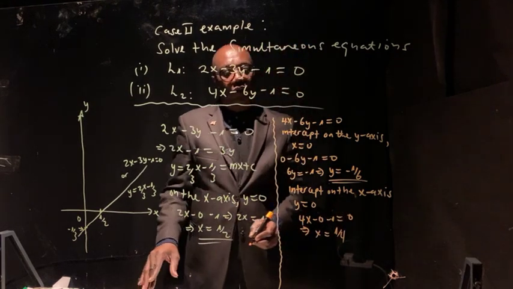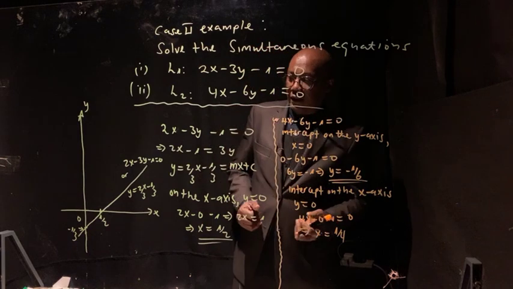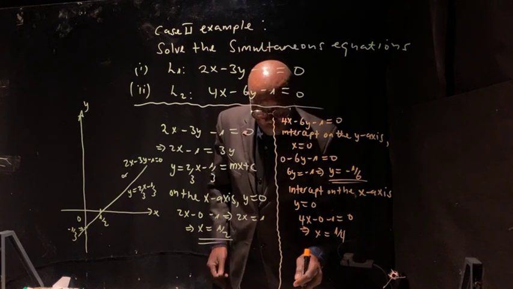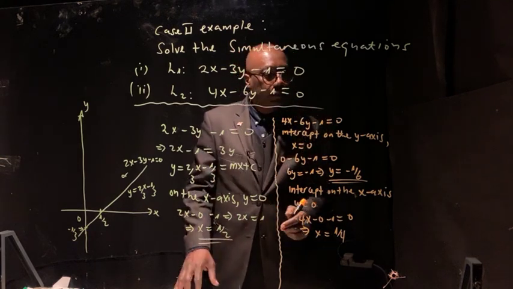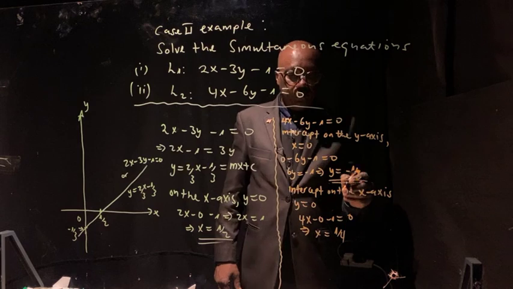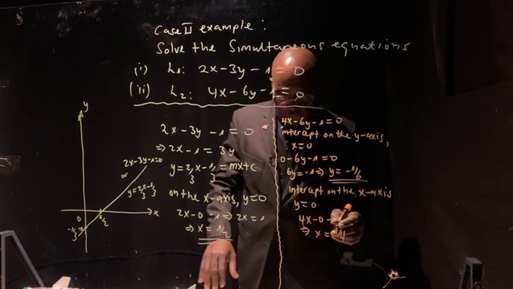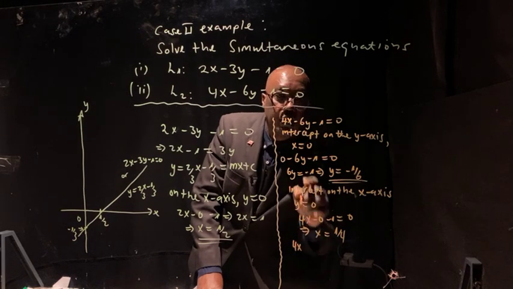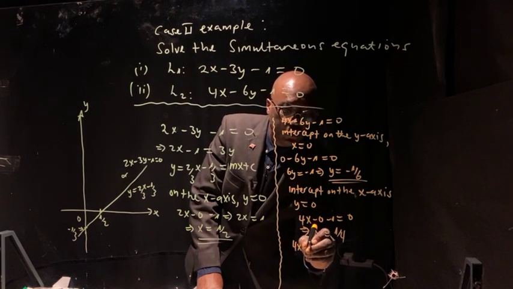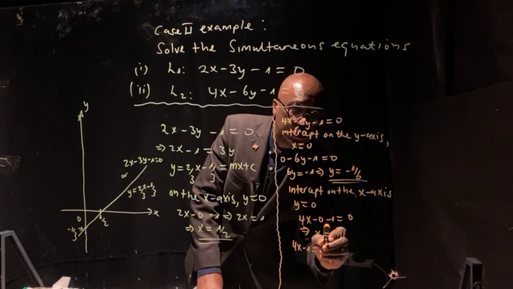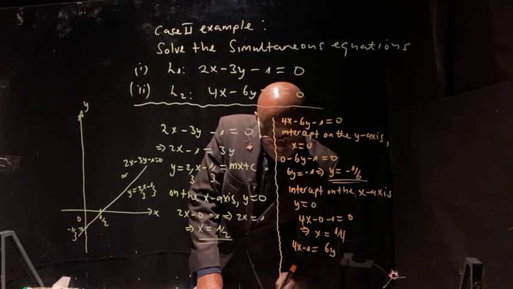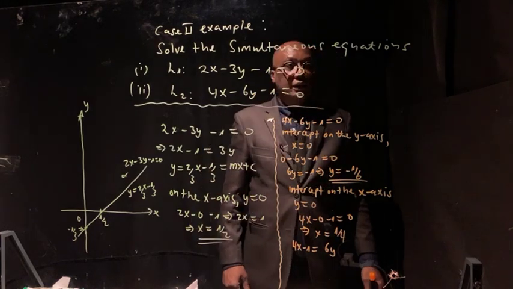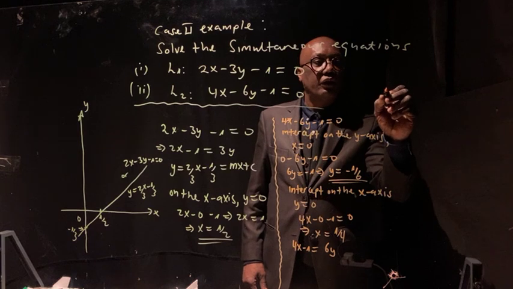Now, what about the gradient? This is not a big deal at all. Is there any space down there? Let's see. Breaking down this equation from here, we see that 4x minus 1 will be equal to 6y. Good. Let's see whether we can continue from here as well.